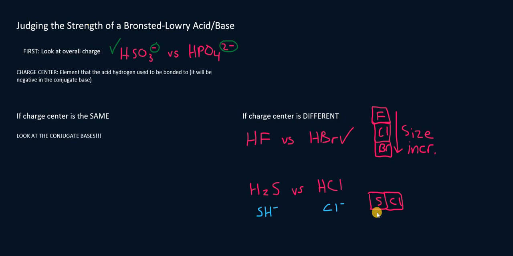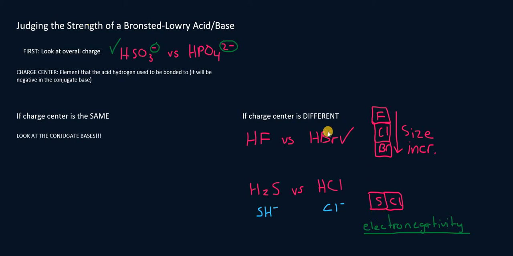They're in the same row. And if you're in the same row, electronegativity is what's going to be important, right? So which one is more electronegative, sulfur or chlorine? If you remember Funkelbryce, you'll know that chlorine is more electronegative than sulfur. And because chlorine is more electronegative, that means HCl is our stronger acid.